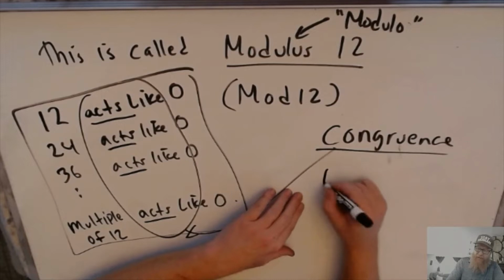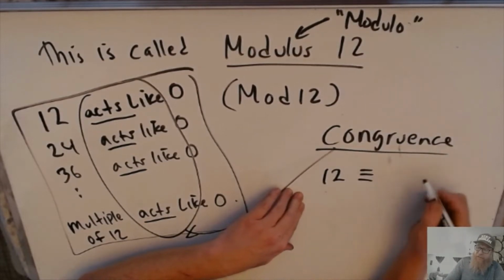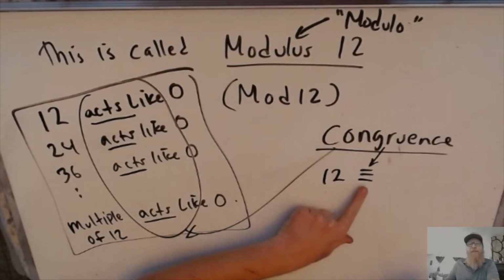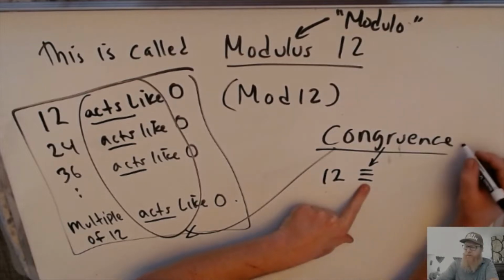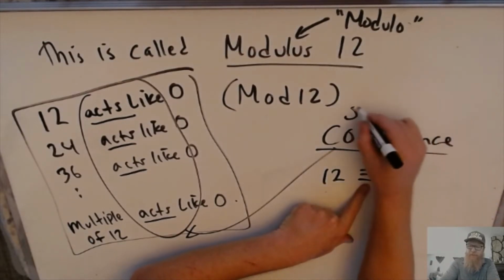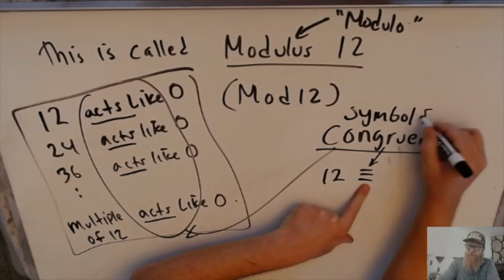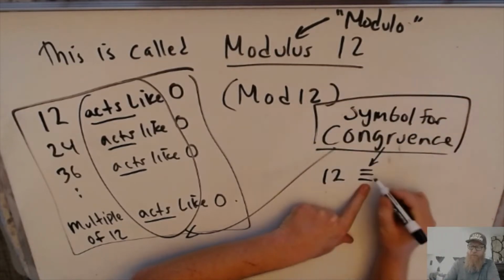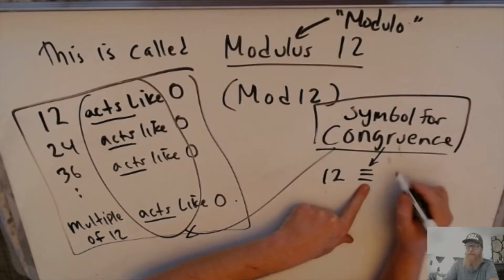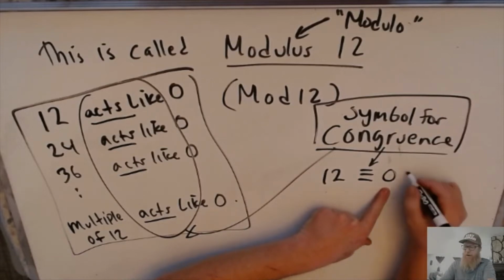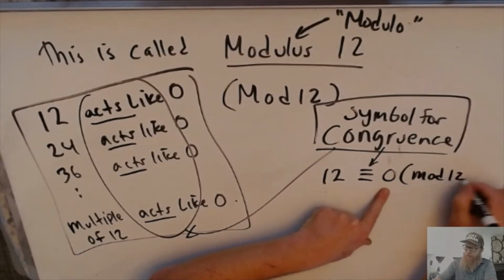So we say 12 is congruent, this is the symbol for congruence, a 3-barred equal sign, is congruent to 0 mod 12.